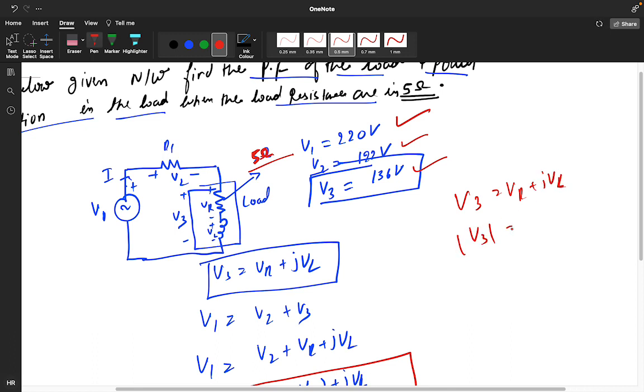V3 mod will be root under VR square plus VL square. So the V3 value we have is 136. If you do the square, VR square plus VL square.